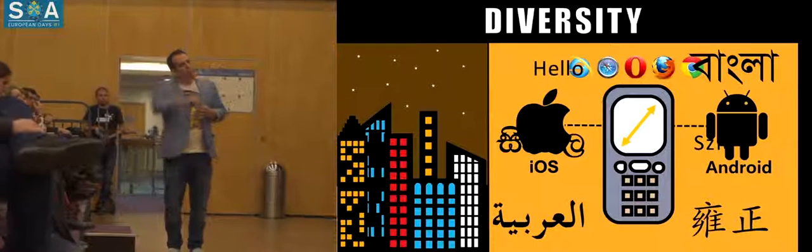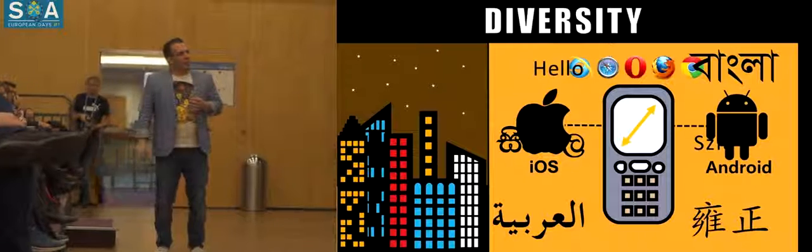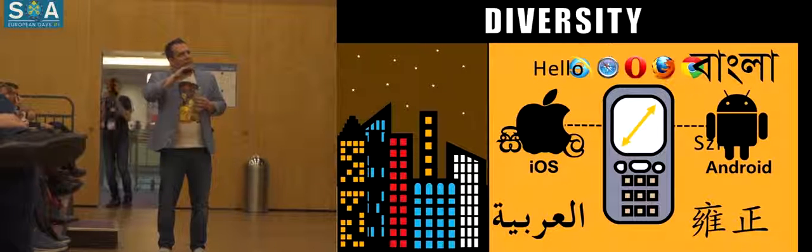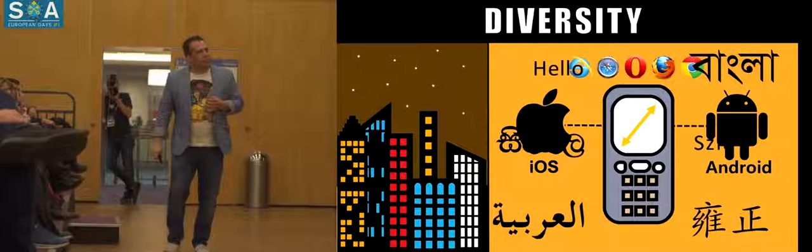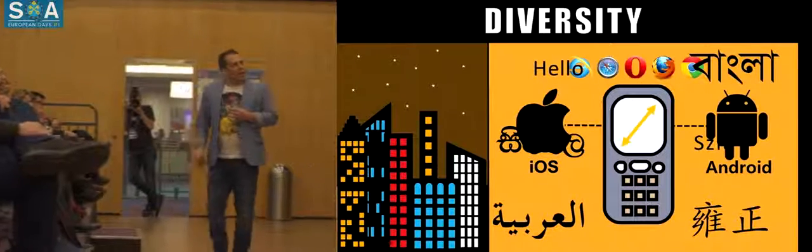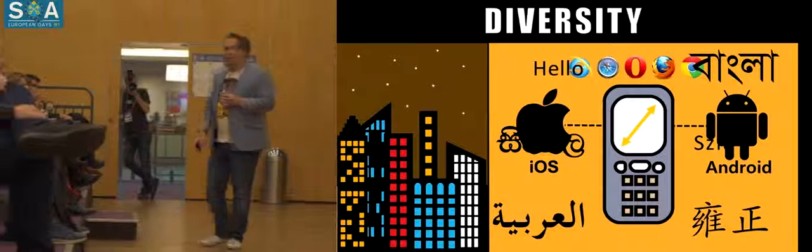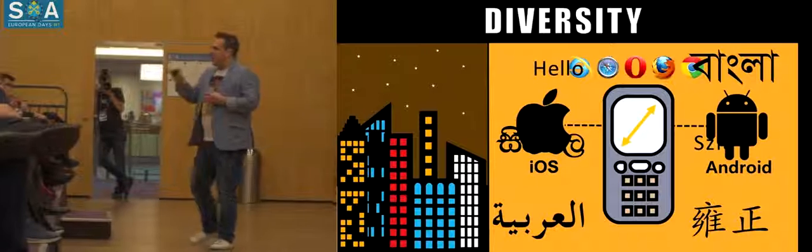So I picked this mobile phone example. I don't know if you have ever thought about it, they are delivered with different screen sizes, with different operating systems. We may run the piece of software in different browsers, and you may display messages in different local languages.